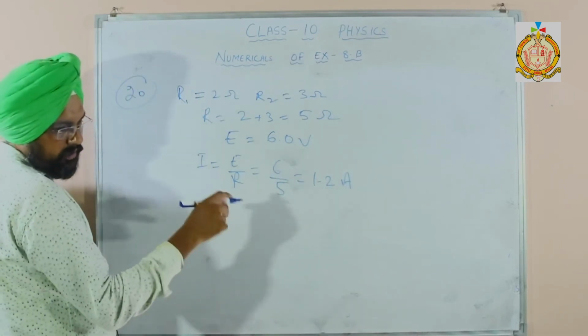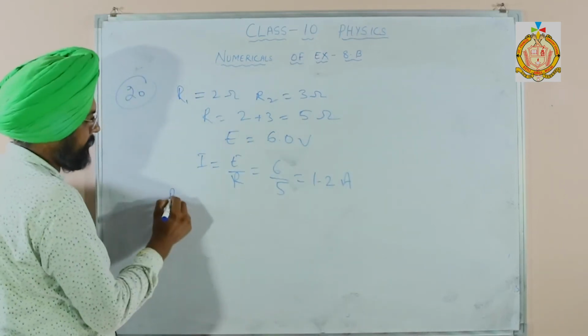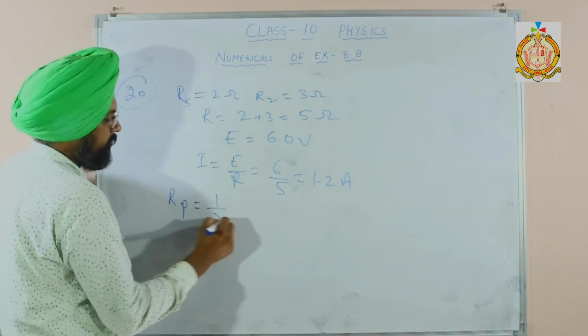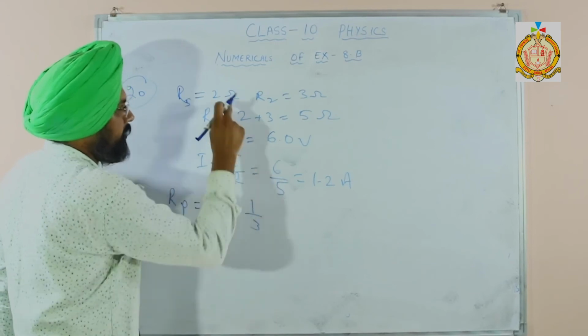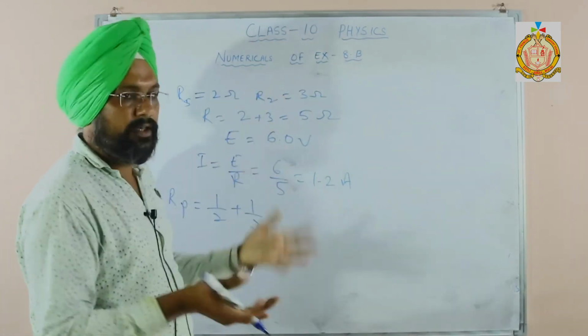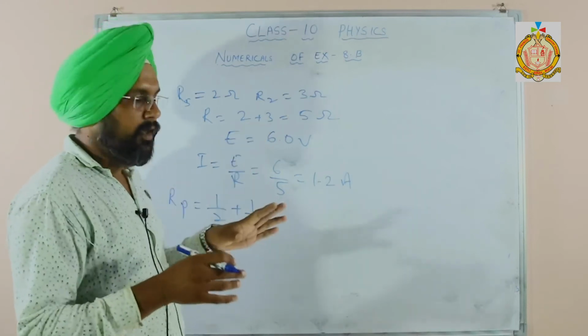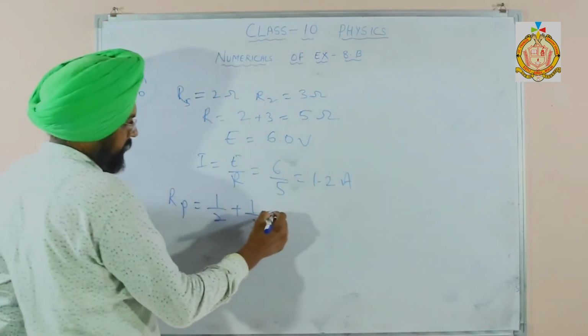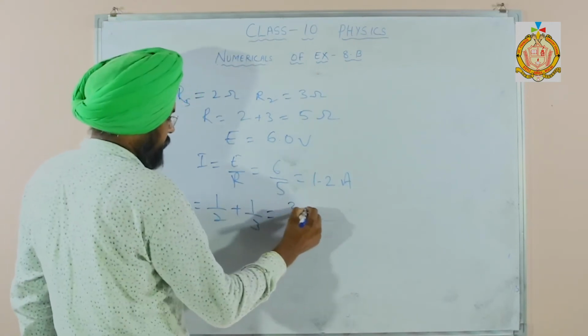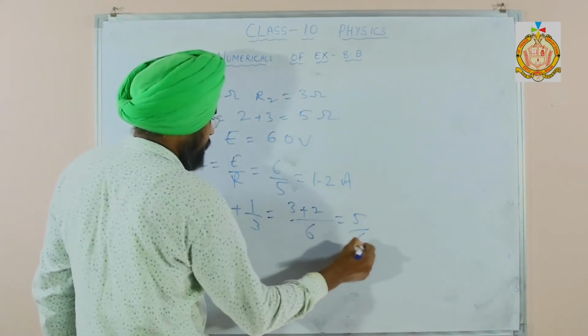Then they are in parallel. Now this was R series, and in R parallel, 1 upon R parallel will be 1 upon 2 plus 1 upon 3. Firstly they have been joined in series, and the second time they have been joined in parallel. When they are joined in parallel, it becomes 3 plus 2, 5 upon 6.